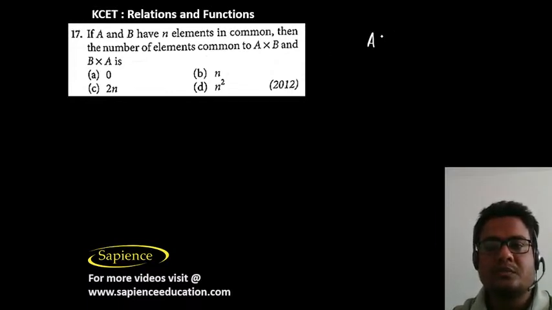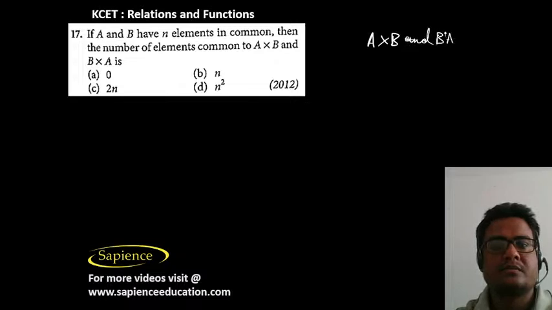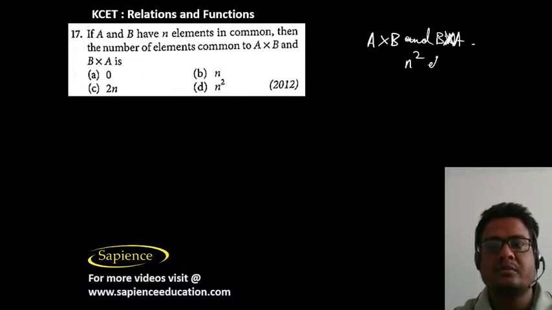So A cross B is the Cartesian product of A and B. You have n elements in common, so those n elements will be related to n elements. The number of elements common to A cross B and B cross A will have n square elements in common.